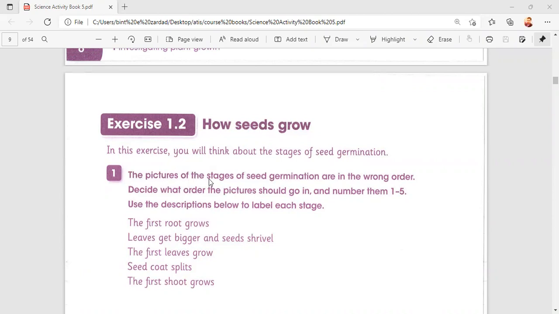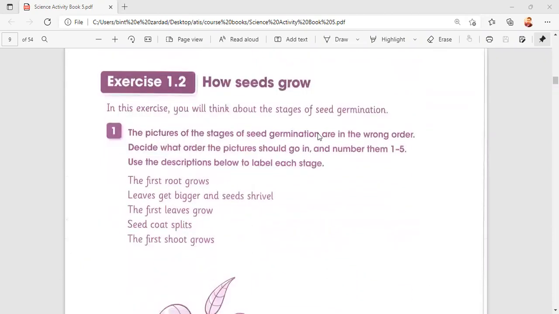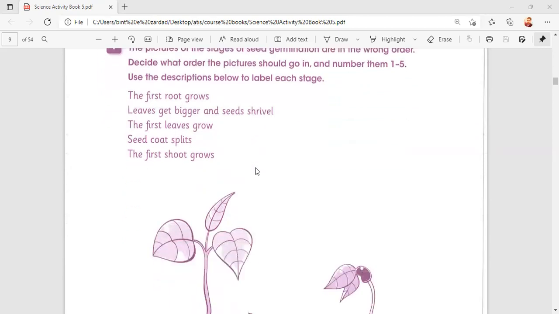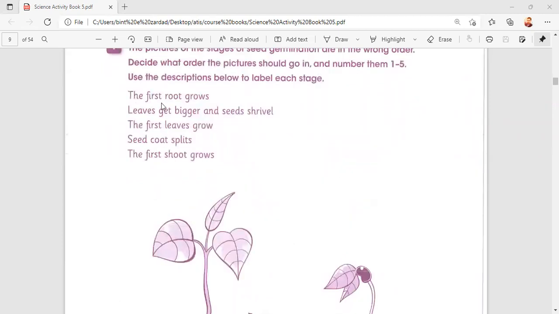The pictures of the stages of seed germination are in the wrong order. Decide what order the pictures should go in and number them 1 to 5. Use the descriptions below to label each stage. So first of all, we arrange the pictures and then we arrange these statements.